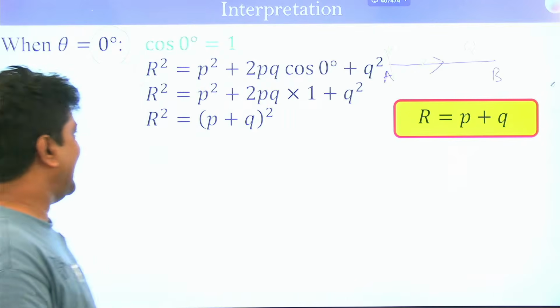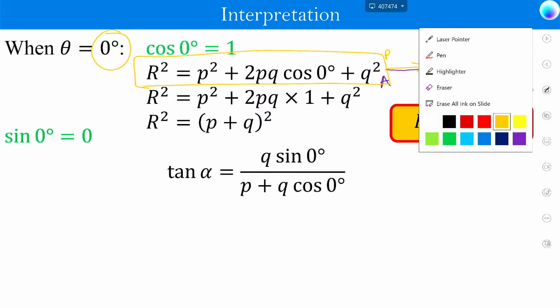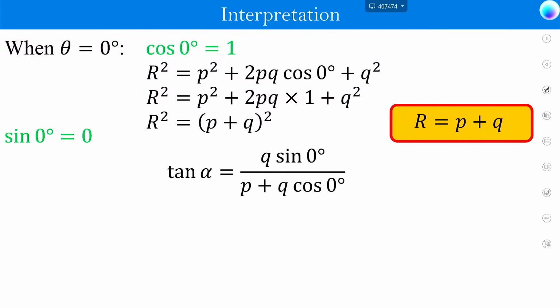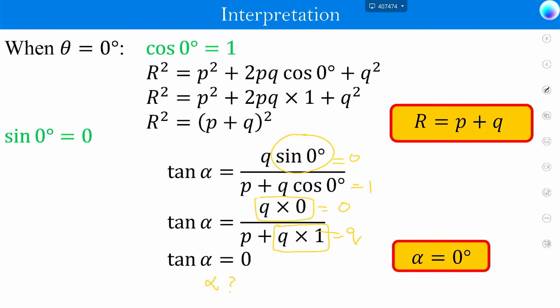Not only that, we can get the direction also very easily, because sine 0 is 0, cos 0 is 1. So q into 0 is 0 and q into 1 is q. So what we get is 0. So alpha is also 0.